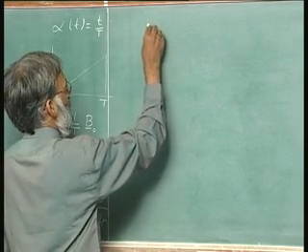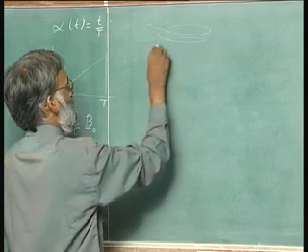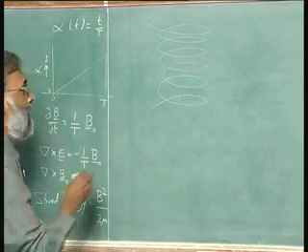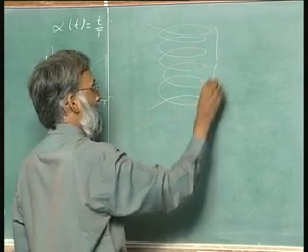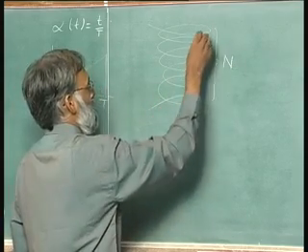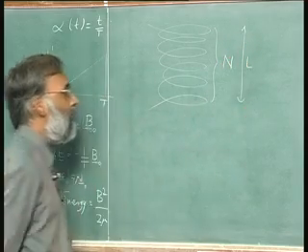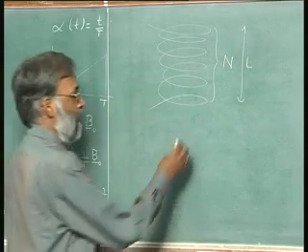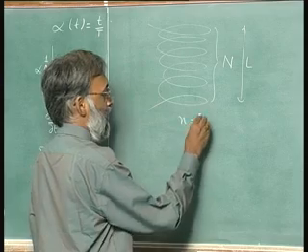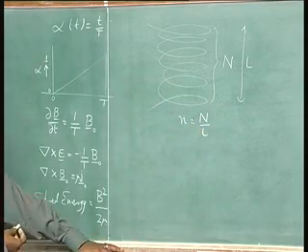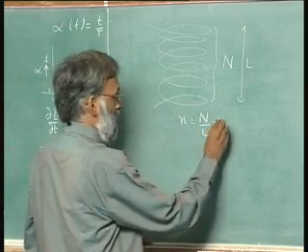Let us say I have a solenoid. I have N turns and this solenoid has a length capital L. Therefore, my turns per length little n is equal to capital N over capital L is equal to turns per meter.